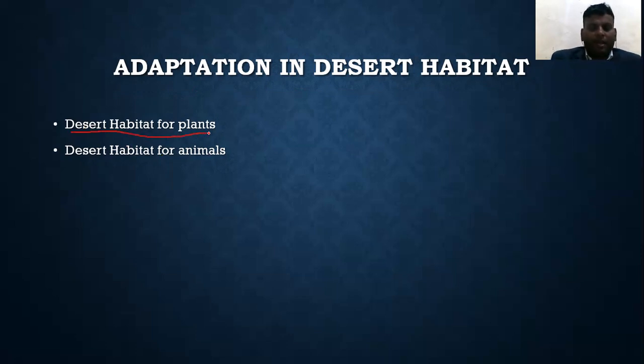One example of a plant is the cactus, which grows in the desert. It shows some features which enable it to survive in such hot and dry conditions. So what features does the cactus plant have? It stores water in its thick stem.